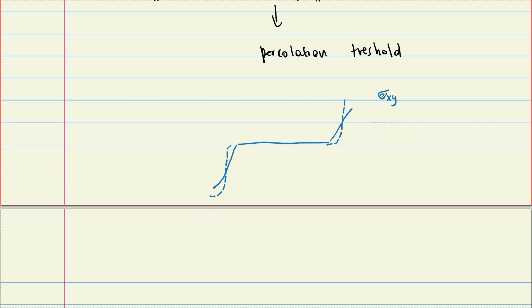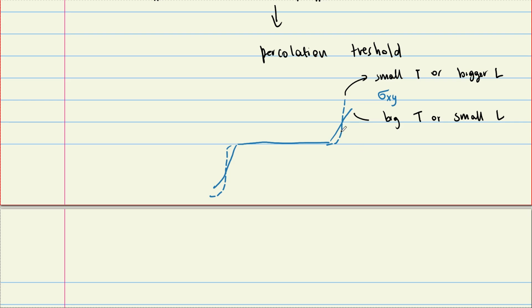This solid line is big T or small L, and the dashed line is smaller temperature or bigger sample.